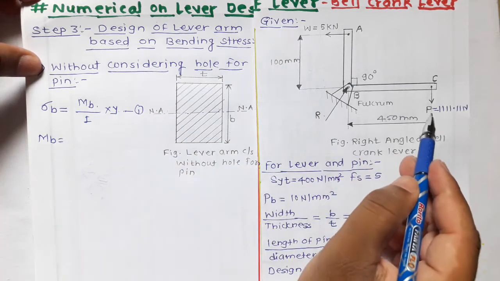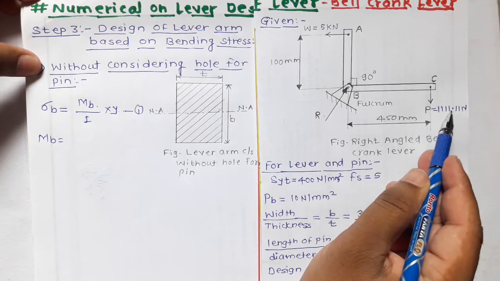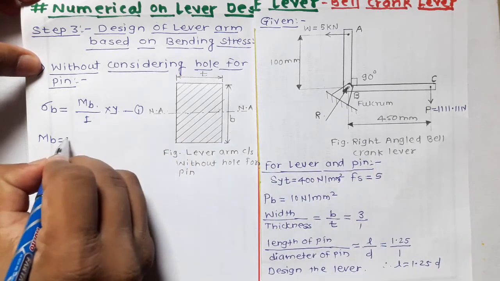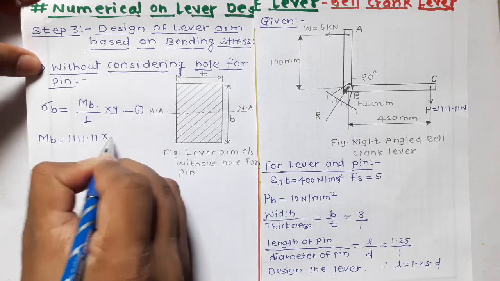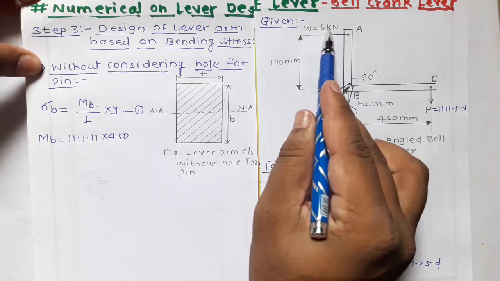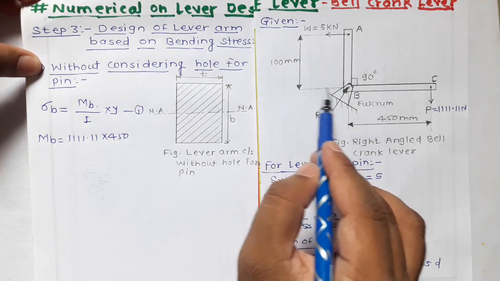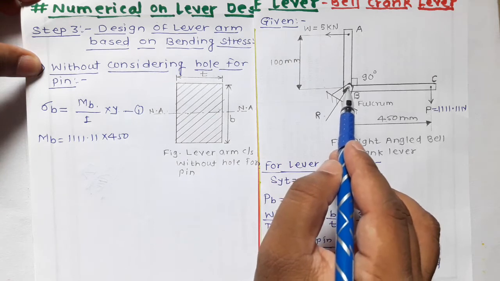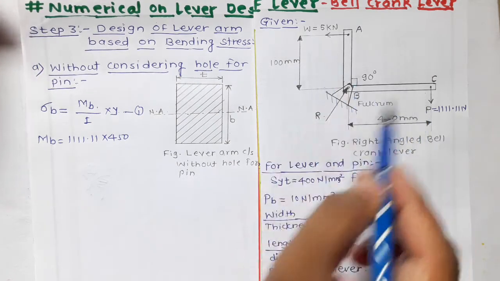So let us consider this force P, 1111.11 into this 450. So this maximum bending moment we can calculate as like this, into 450. You can either consider this 5000 Newton into this 100 mm force to calculate the maximum bending moment at point B. You can get near about the same answer from both the forces.